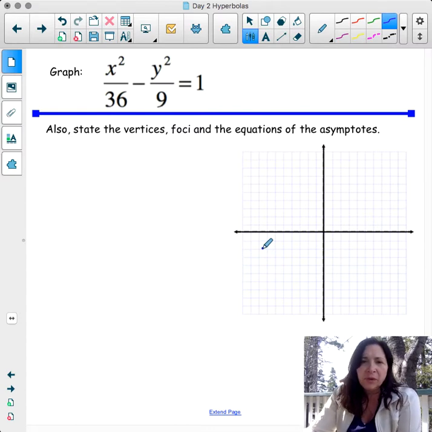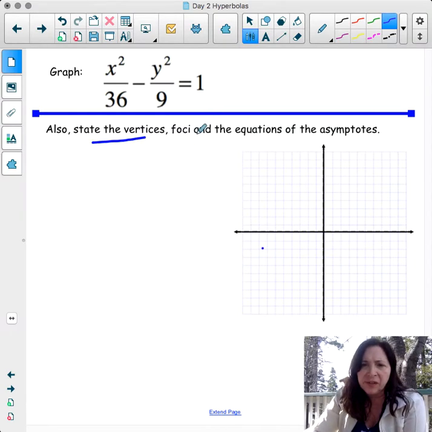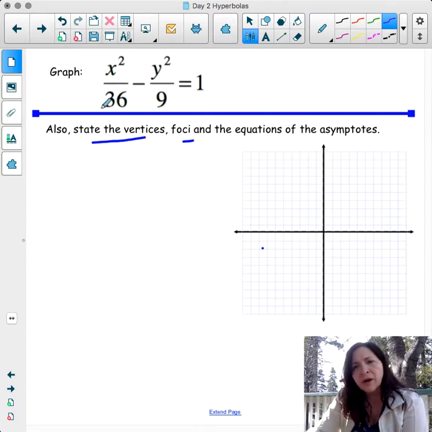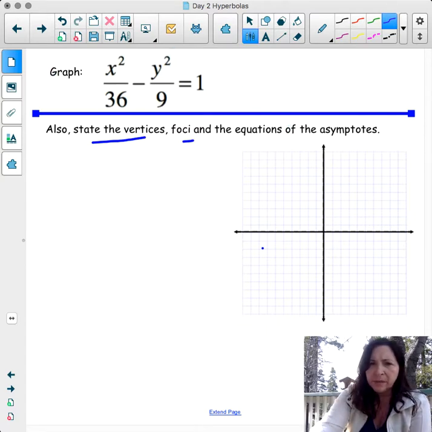So let's do an example. We're going to also state the vertices, the focal points, and the equation of the asymptotes. So what we have is this equation right here, okay? With this equation, we're going to try to find all the values that we need to graph this.